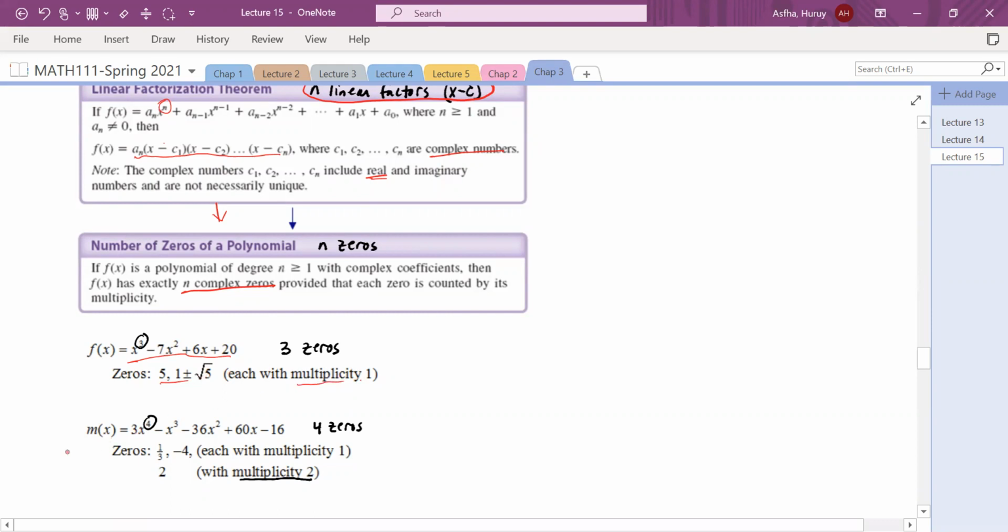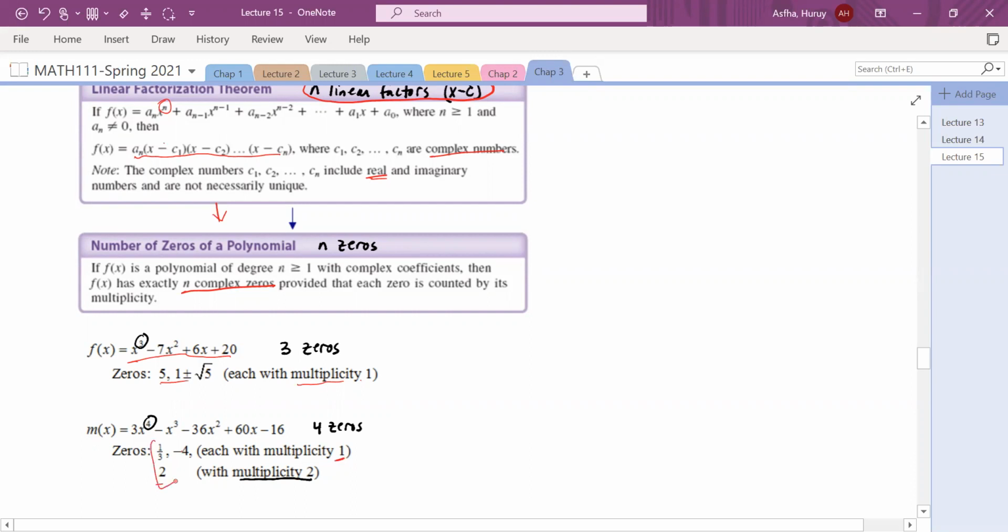And again, we have another polynomial here. n is 4, which means the degree of the polynomial is 4. So this polynomial has 4 zeros, and the zeros are 1 over 3 and negative 4, each with multiplicity 1, and then 2 with multiplicity 2.